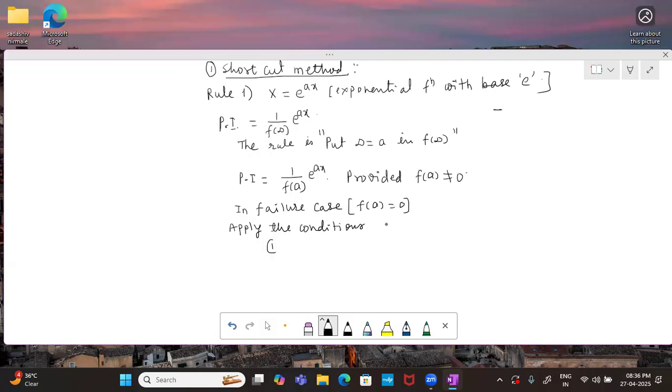Number 1, multiply outside the operator by the variable x.